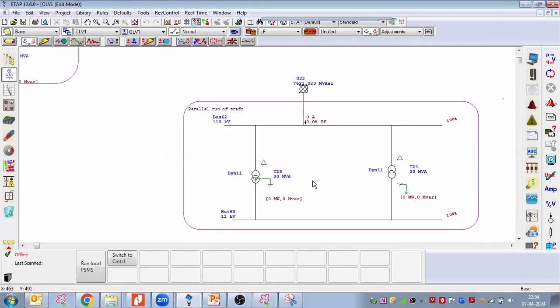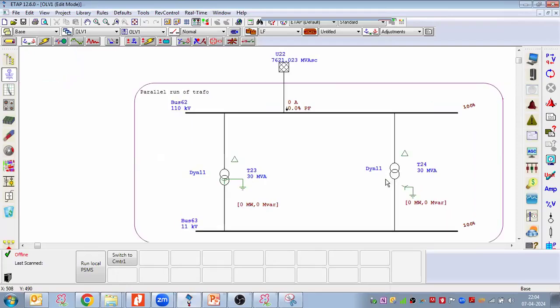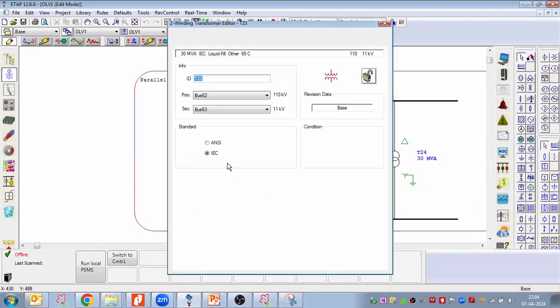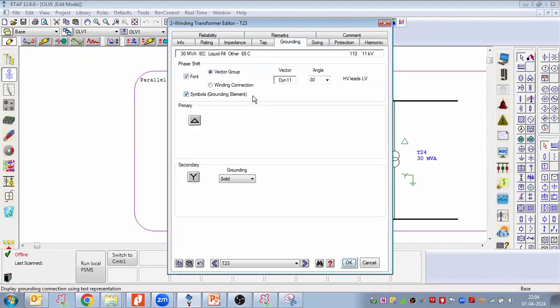So when we have two identical vector configurations, Dyn11 and Dyn11, in that case there is 0 ampere and nothing, everywhere it is 0. Now, by chance, if we have a different vector group, now we are changing the vector group from Dyn11 to Dyn1.